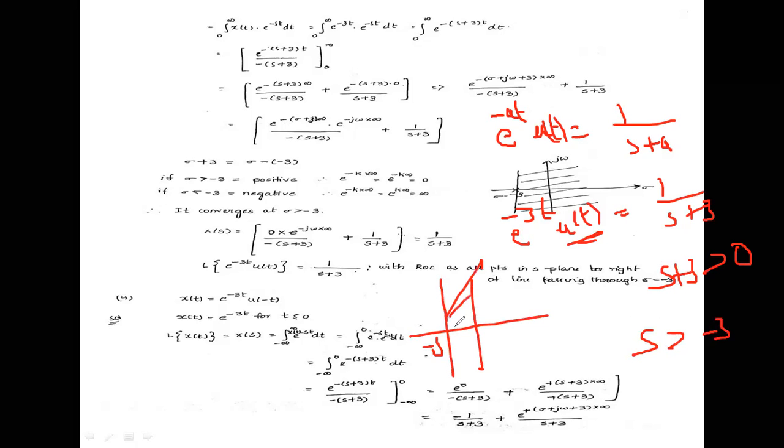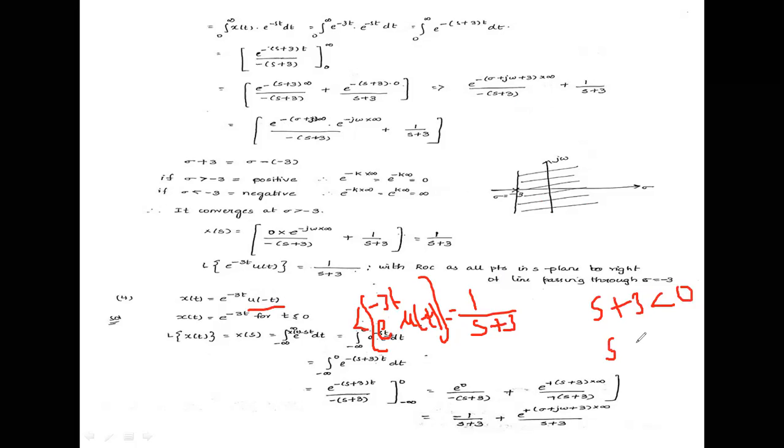Because of mu of t, s plus 3 is greater than 0, so s is greater than minus 3. So from minus 3 onward is the ROC. For all the values above minus 3, the Laplace transformation converges, is bounded, or we can say it exists. Got it, my dear students?